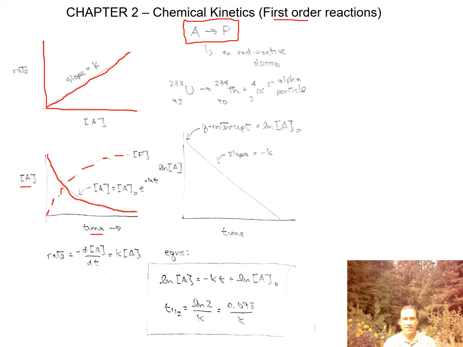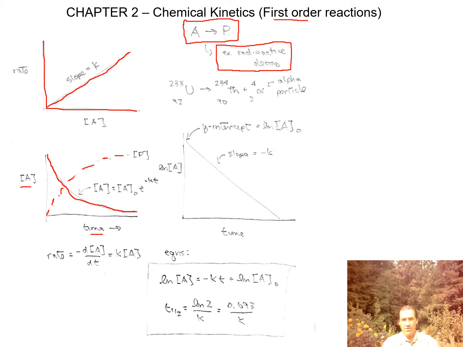And so an example of a first order is, say, the rate of reaction to form the products is all about A. It's all about how A goes to products. An example of this would be radioactive decay. And there's lots of examples where we have first order reactions.